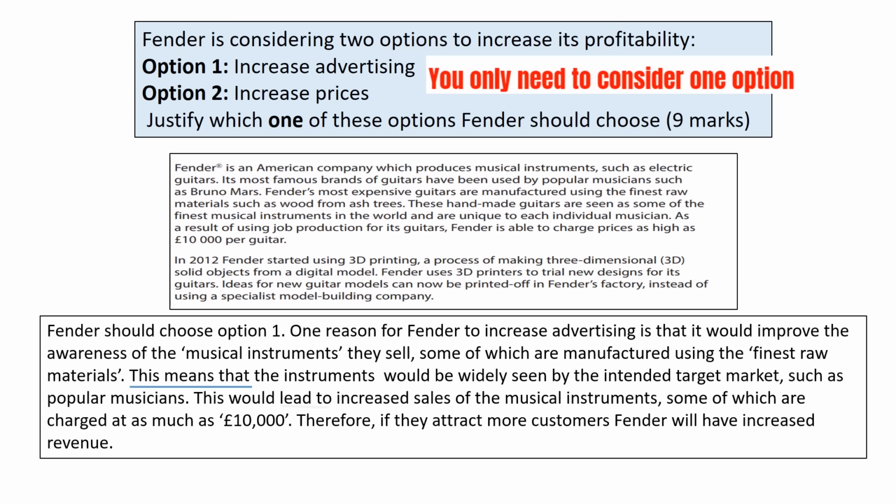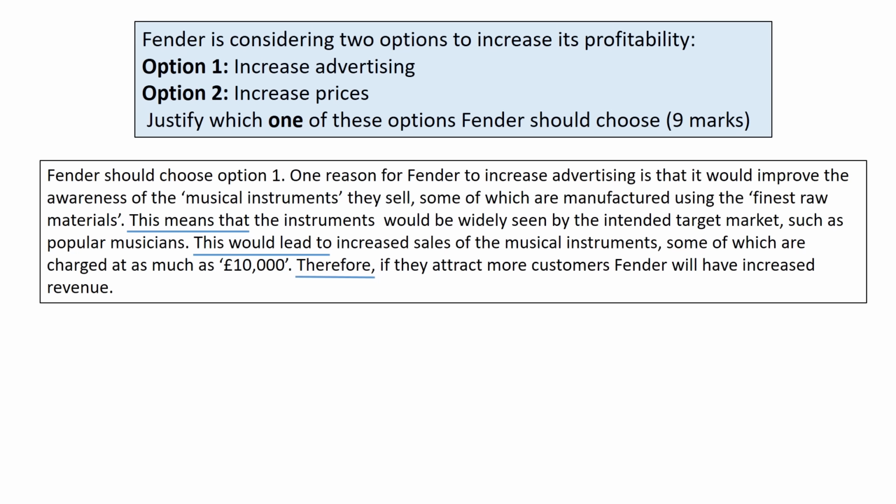This would lead to increased sales of the musical instruments, some of which are charged at as much as £10,000. Therefore, if they attract more customers, Fender will have increased revenue. So you can already see that we've got 3 linked strands, so we will continue and include the other 2. And also there's been a good degree of application to the case study with reference to £10,000 and musical instruments, etc. Let's continue on to the second paragraph.